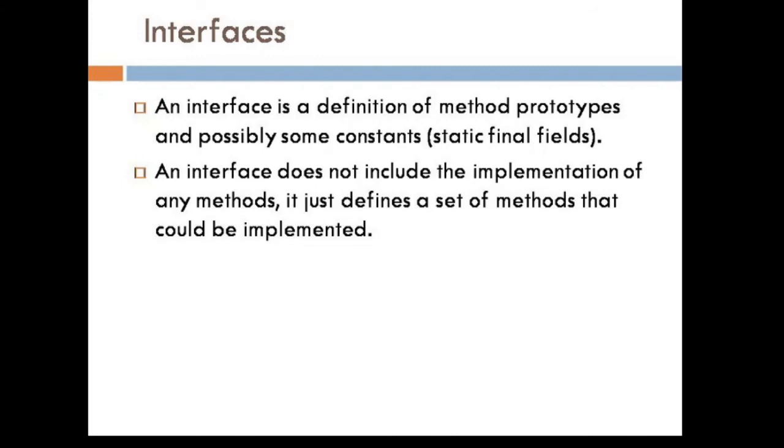So what are interfaces? An interface is the definition of method prototypes and possibly some constants, that is, static final fields. An interface does not include the implementation of any methods. It just defines a set of methods that could be implemented. Interfaces are actually contracts.